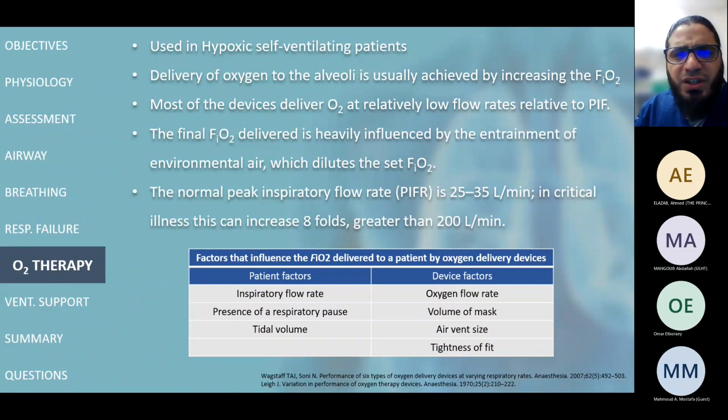These simple oxygen devices that we use on the ward, I think everybody will remember the number. The maximum flow rate that you can use in the ward is just 15 liters per minute.